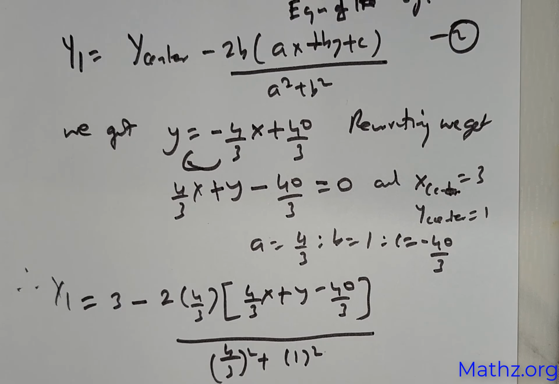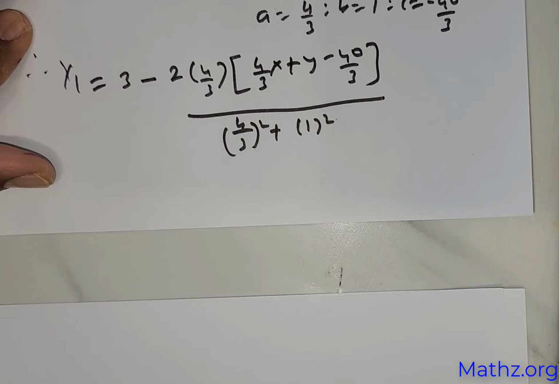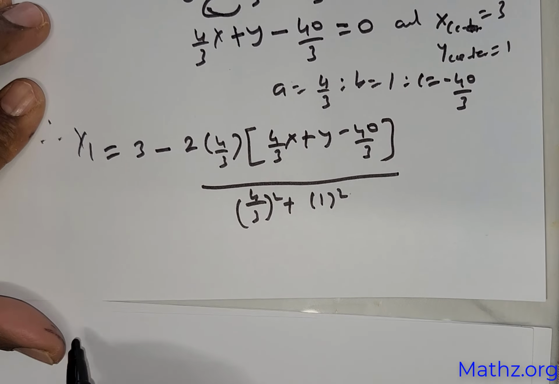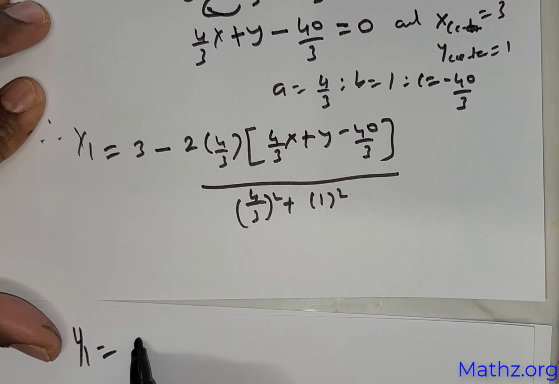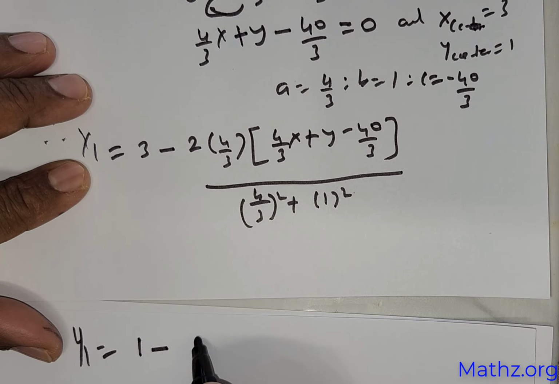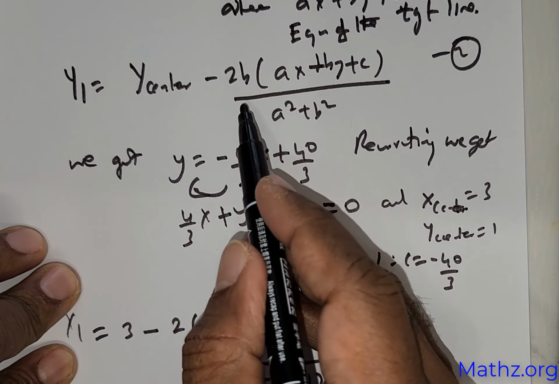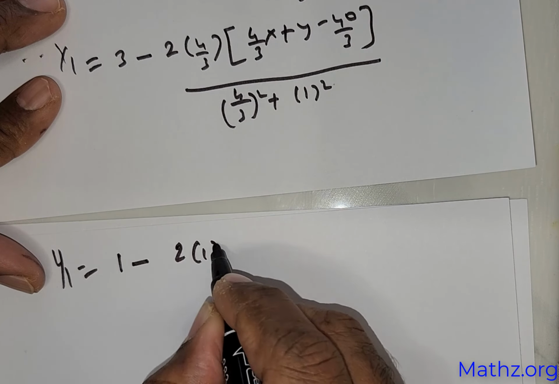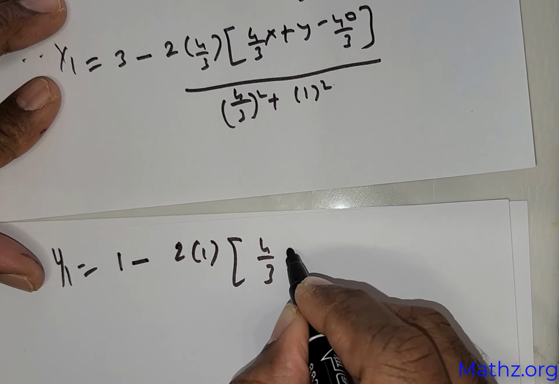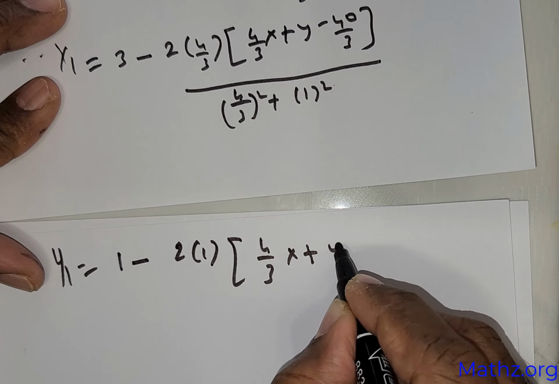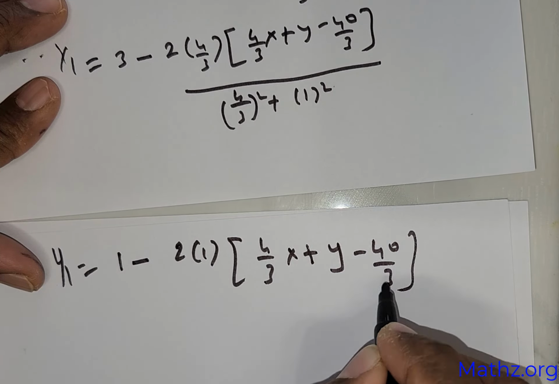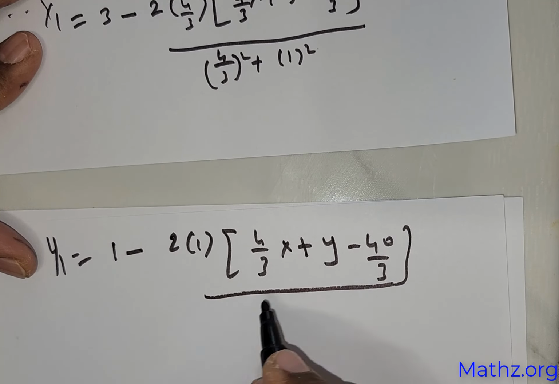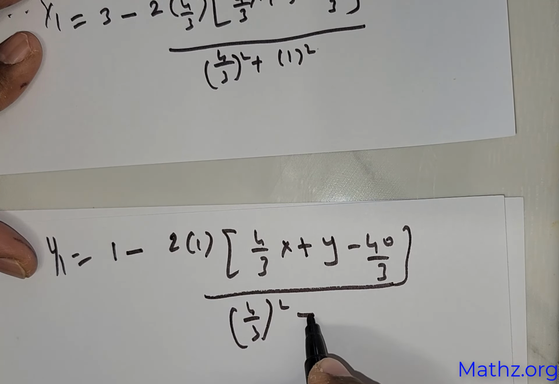For y1, it is 1 minus 2b, that's the formula: 2 times 1 times (4/3 x + y - 40/3) divided by (4/3) squared + 1 squared.